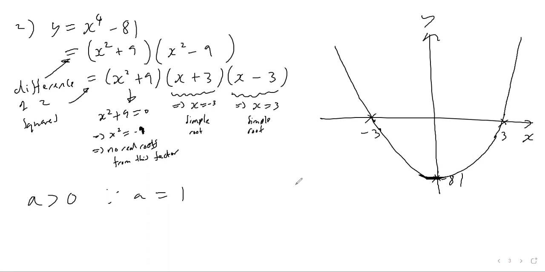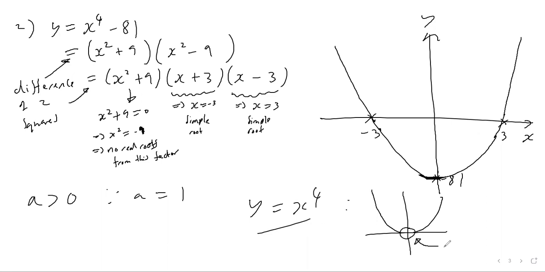And again, you can check this using graphing software. If you sketch y equals x to the power of 4, you do get a graph that resembles a quadratic, but at this point we get more of a horizontal, flat gradient. And that's due to the fact that this is a repeated root: the root at x equals 0 has a multiplicity of 4, because when you make it equal to 0, you get a root of x equals 0 with a multiplicity of 4 due to this power of 4.